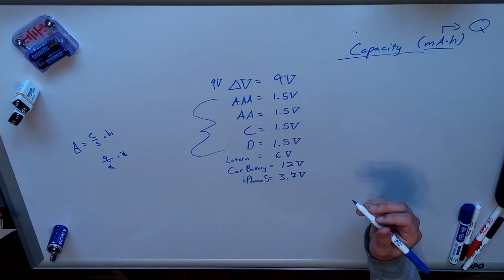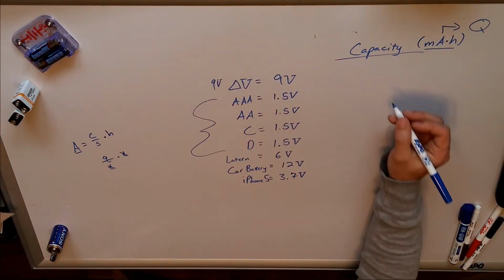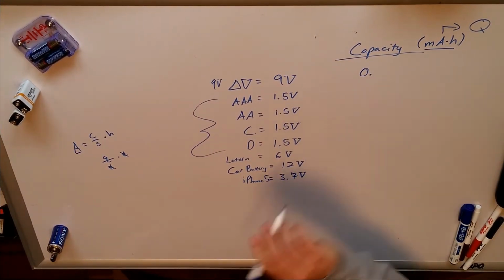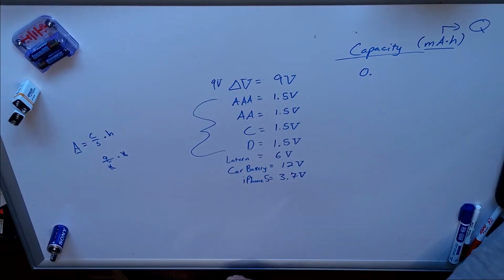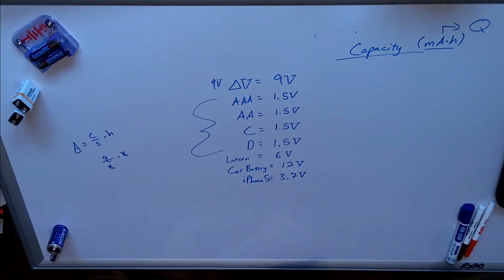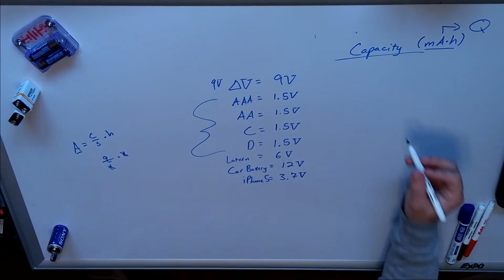So for instance, a 9 volt alkaline one, at least the data that I've got says that it is 600 milliamp hours. This is not a potential difference. It's also not a current, so I'm not going to mark it in blue. I'm just going to switch over to black.